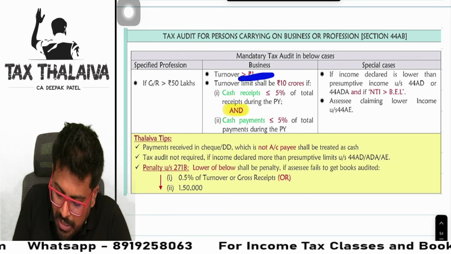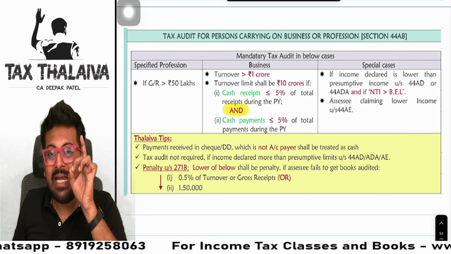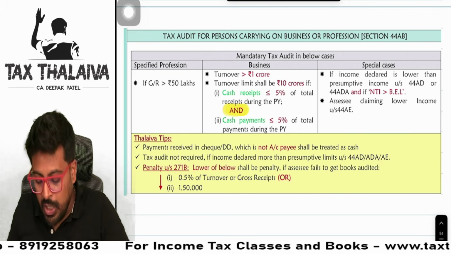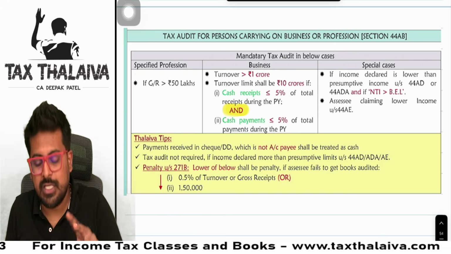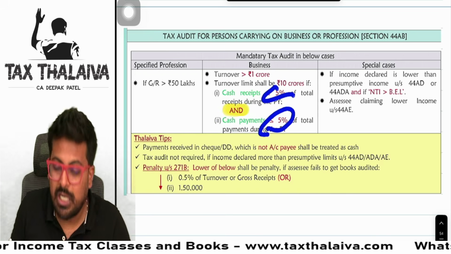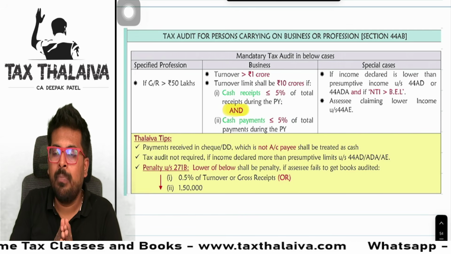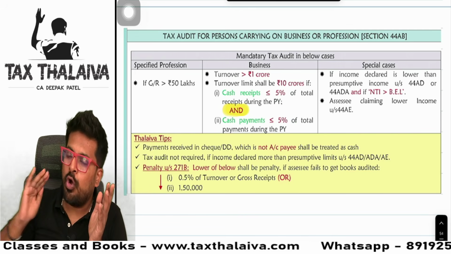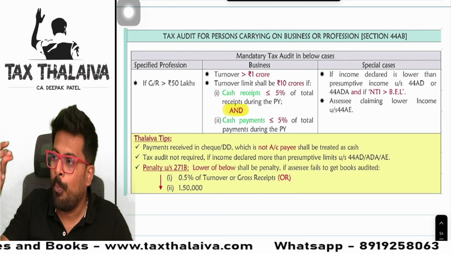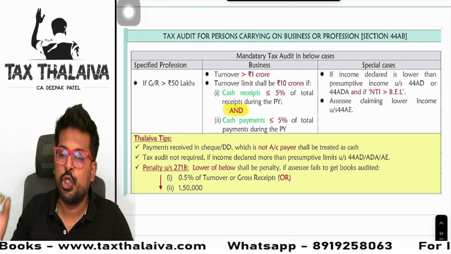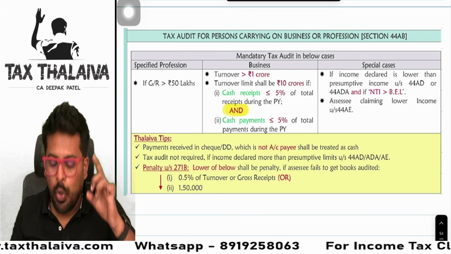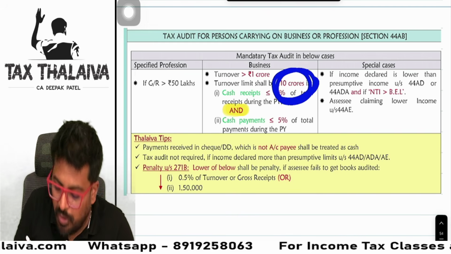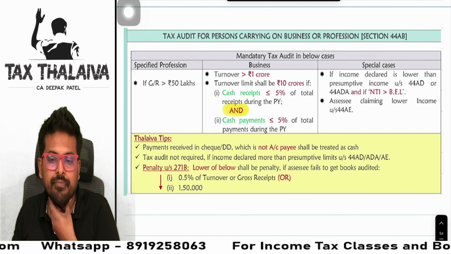But this 1 crore limit will become 10 crores only if the cash receipts and cash payments of your business both are less than or equal to 5%. Means 95% or more of your business transactions, both receipts and payments, should be through the prescribed modes, through the banking channels. Only then you will be enjoying the benefit of the 10 crores limit.